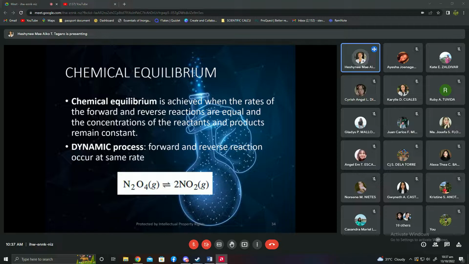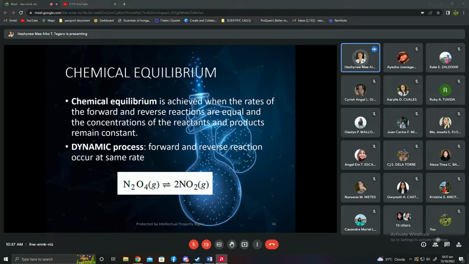Chemical equilibrium is achieved when the rates of the forward and reverse reactions are equal and the concentrations of the reactants and products remain constant. Chemical equilibrium is a dynamic process. This dynamic equilibrium consists of a forward reaction in which substances react to give products, and a reverse reaction in which products react to give the original reactants. So both forward and reverse reactions occur at the same rate.